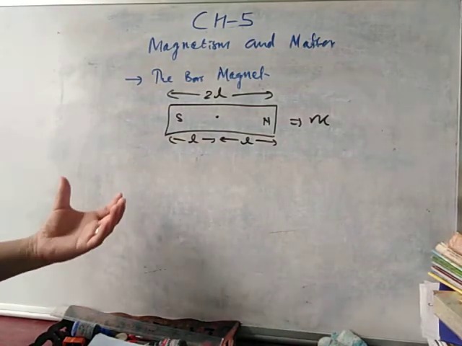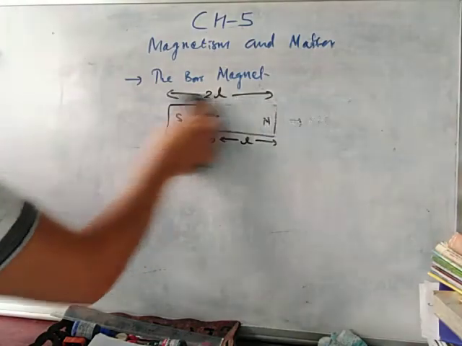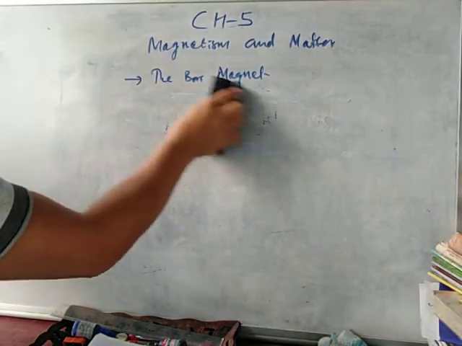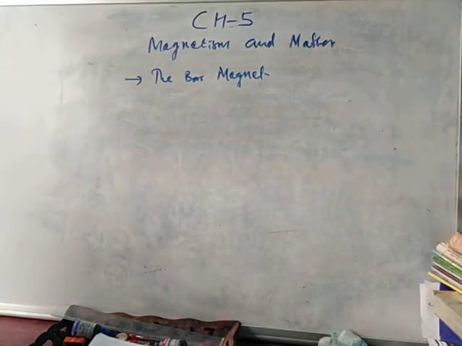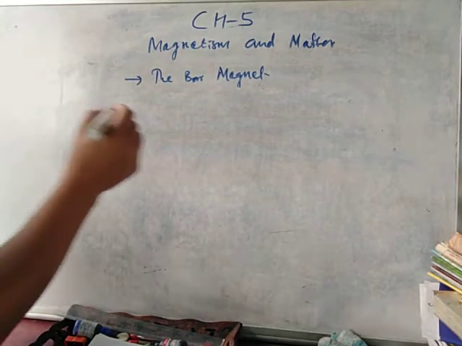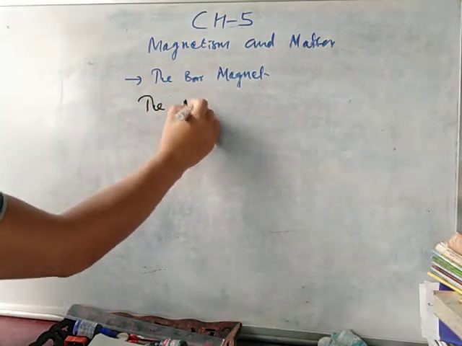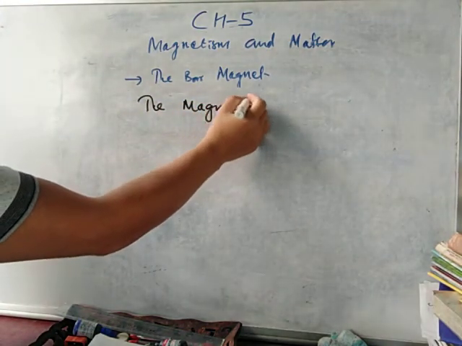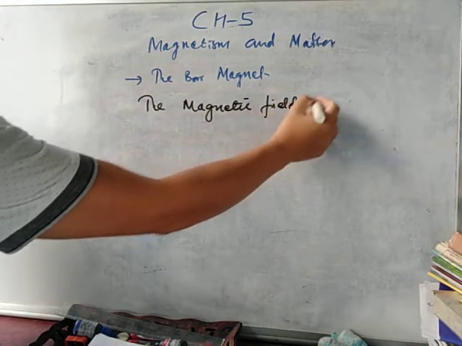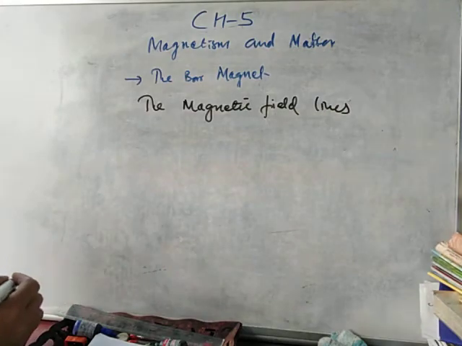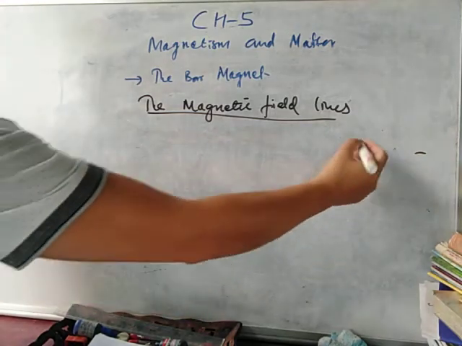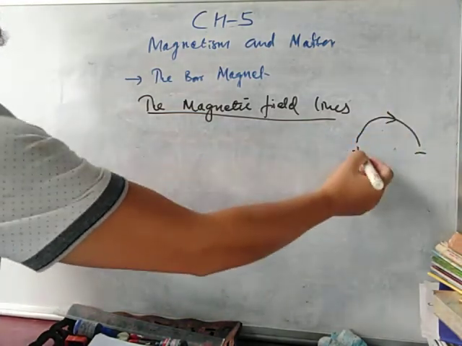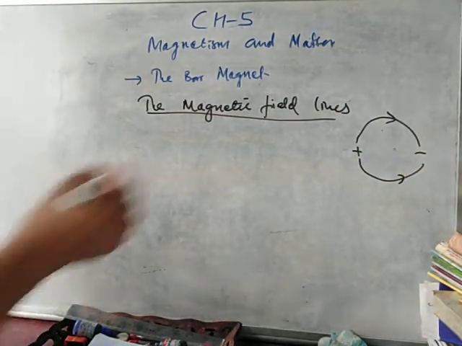Now if I place this bar magnet in any way, it gives magnetic field lines. So write down magnetic field lines. Like in electrostatics, there is a positive charge and a negative charge, and the electric field starts from positive and ends at negative.